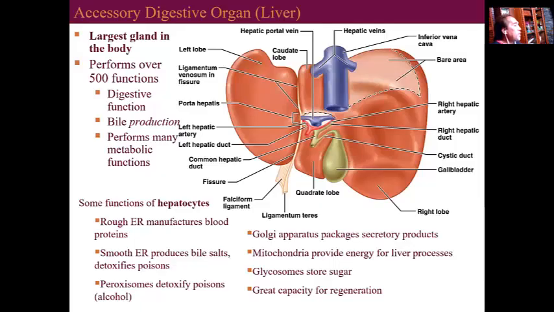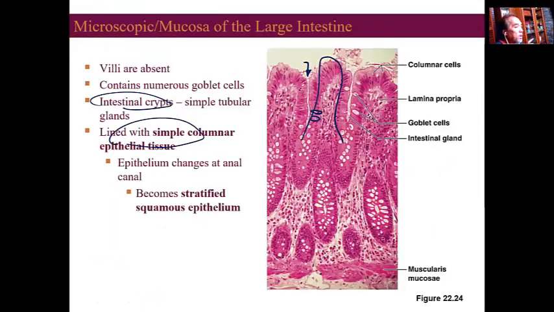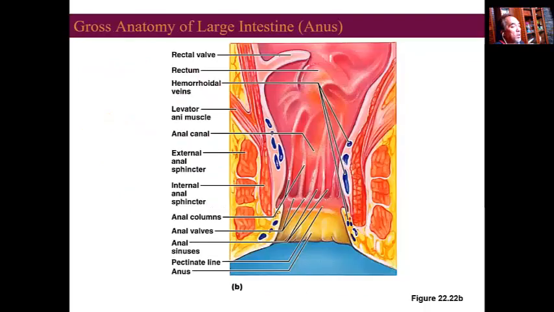Now, we've finished with your large intestine wall, so we're now at the anus. The anus is the terminal canal where feces passes through. The main thing about the anal canal is that it has two sphincters, the external anal sphincter and the internal anal sphincter. The internal anal sphincter is not under your control.